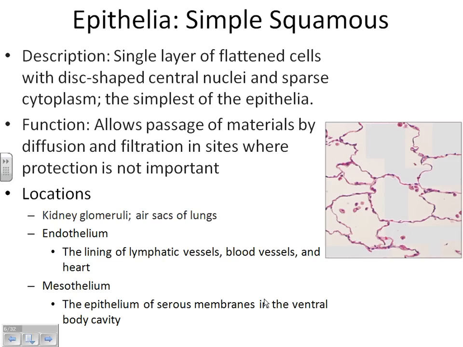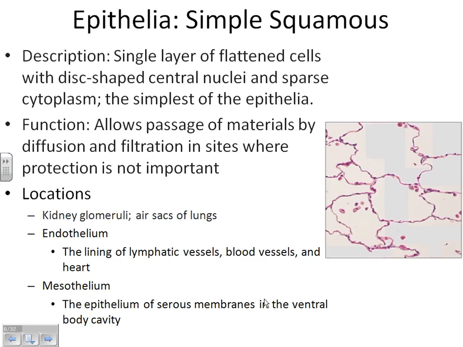Simple means what? One layer. Squamous means flat. So we are going to see this tissue basically as a basement membrane that has a few little pieces sticking up off of it every now and then. This is the picture from your textbook. This is showing you alveoli, which are the air sacs of the lungs.